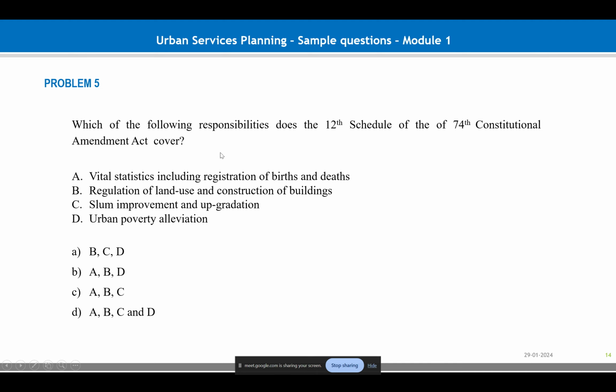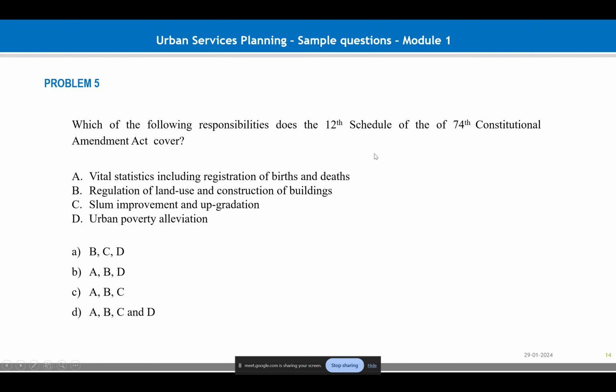There are schedules in the Constitution. The 12th Schedule was added when the 74th Constitutional Amendment was done. Very good, yes. The 12th Schedule is linked with this 74th Amendment, which gives the statutory norms or conditions under which these local bodies, the urban local bodies, should work. The rules or the method of functioning of these urban local bodies were defined in the 12th Schedule.